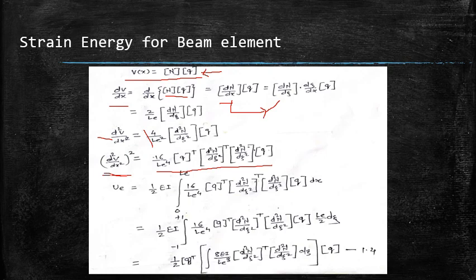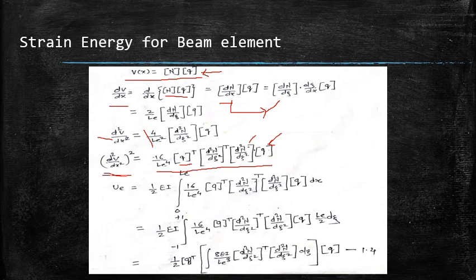Now these are all matrices. This q transpose will be a row matrix now because q is a column vector. d2N by d zeta square transpose is again a column vector, d2N by d zeta square is a row matrix, and this q is a column vector.